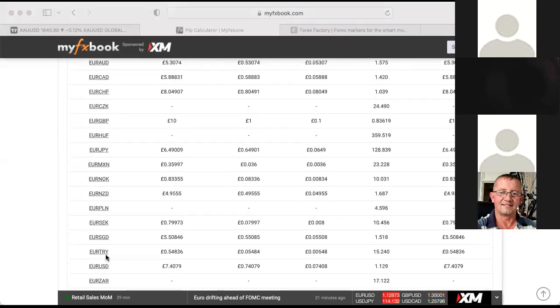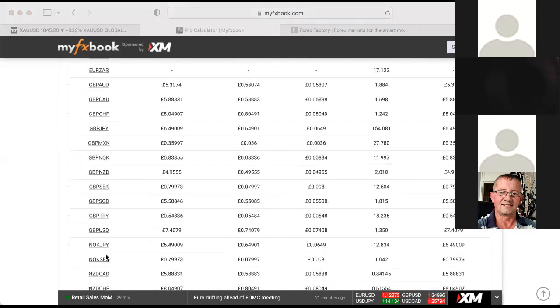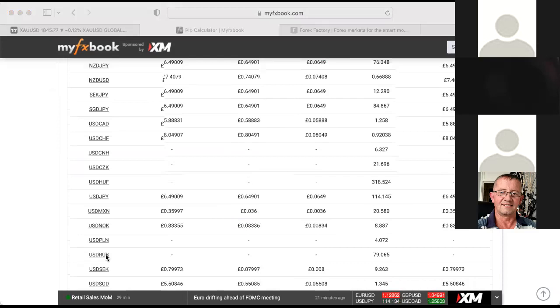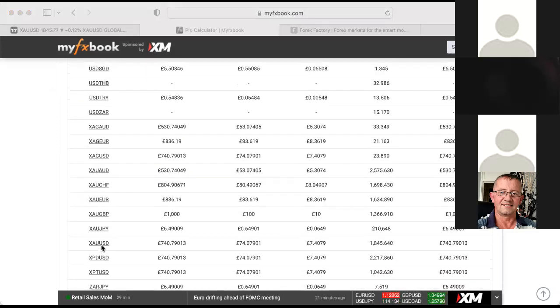I've still got messages in the middle of my screen blocking what I'm trying to show you, but hopefully you can see it. If you scroll down to XAU USD, which is there, I highlighted that.